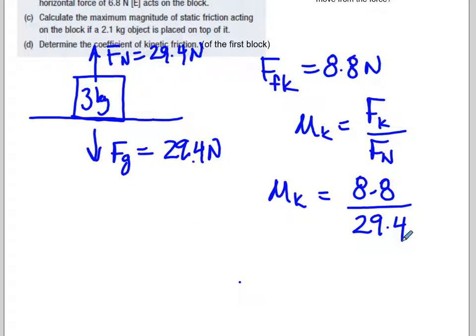So 8.8 divided by 29.4, and I get a kinetic mu of more or less 0.3, which is less than the 0.5 static, which shouldn't be a big surprise because we've already talked about that the kinetic coefficient should be less than the static coefficient.